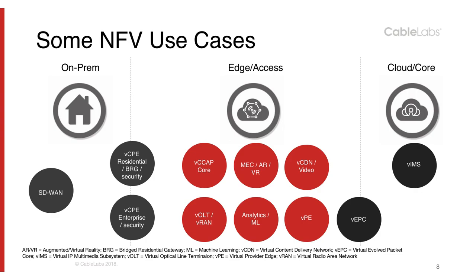In the cloud or the core, you have virtual evolved packet core for mobile networks such as 4G LTE or 5G. And then you have virtual IP multimedia system for services such as voice over IP. Some of these terms are described below. They did not make it into the abbreviation section in the introduction deck, but you can review them here.